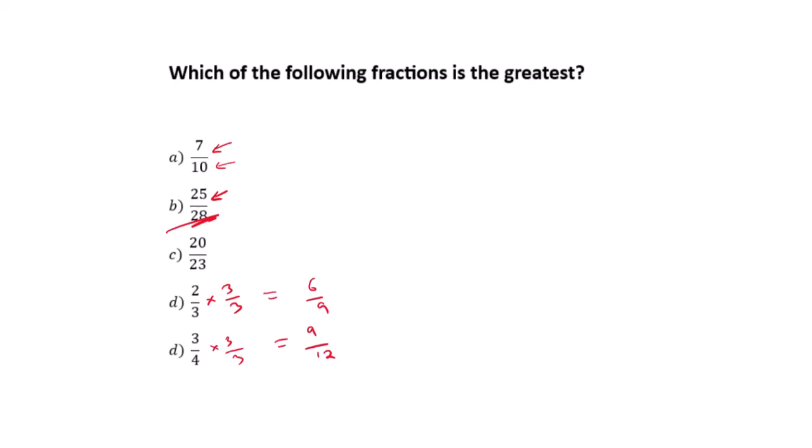So you see 7 out of 10, 25 out of 28, we can rewrite this as n divided by n plus 3. So if we put 7 here, then this will become 7 divided by 10. If n is 20, then this becomes 20 out of 23. So we have this sequence here, n divided by n plus 3.